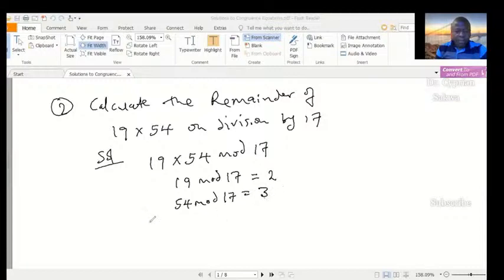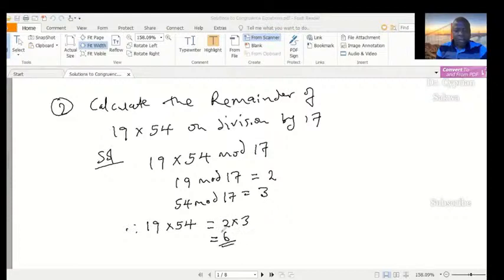So what if the product is divided by 17? 19 alone gives us a remainder of 2, and 54 alone gives us a remainder of 3. Their product will give us a remainder of 2 times 3, which is 6.